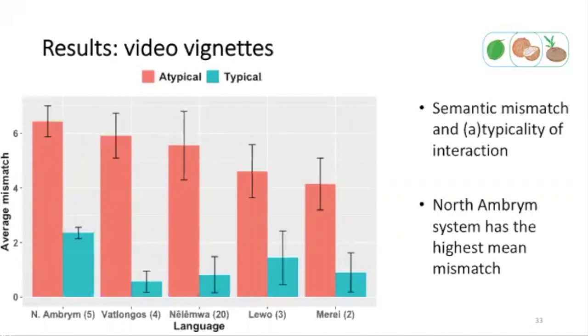But North Ambrym also has the highest semantic mismatches for typical interactions. Here we expect well-behaved classifier systems to have lower amounts of mismatch. So again, North Ambrym stands out in that both typical and atypical interactions have more semantic mismatches than the other languages in the sample.